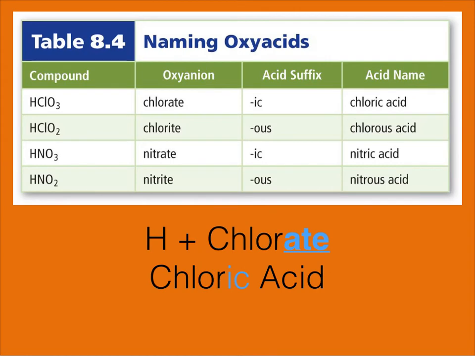All right. Here's just a quick little chart that shows you if the anion here was chlorate, which is ClO3, you're going to change the ate to ic, and then you end up with chloric acid. The same thing here. So the H plus the chlorate makes chloric acid.